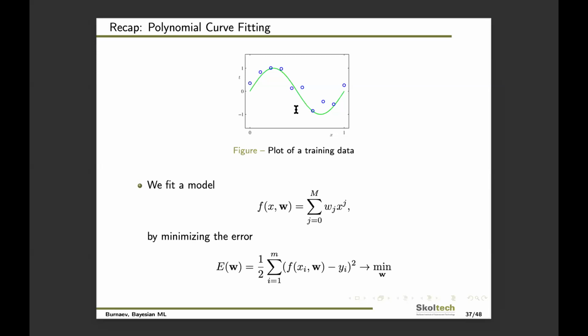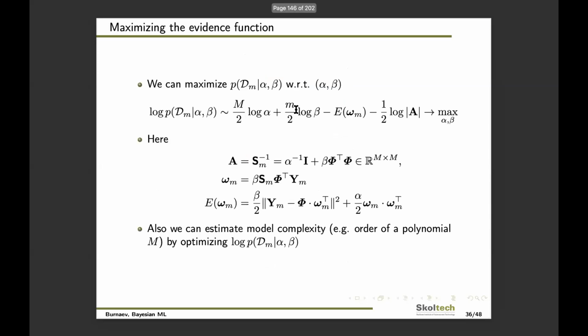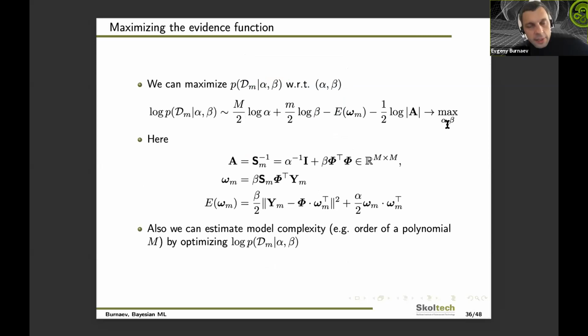Maybe one small question. We maximized the evidence function just to get the values of alpha and beta, the most probable values of alpha and beta, right? Yes, exactly. And what is the difference from the frequentist approach?